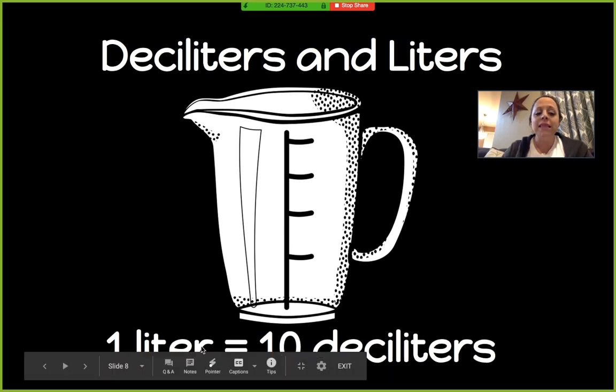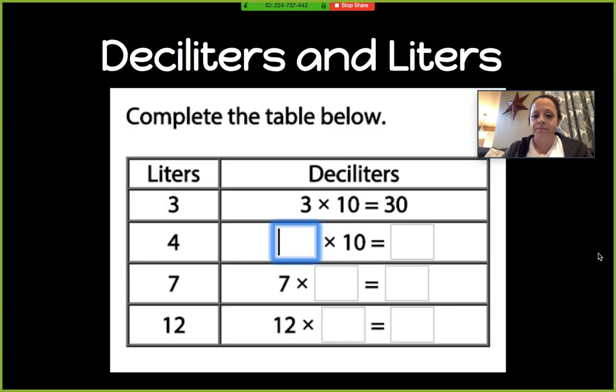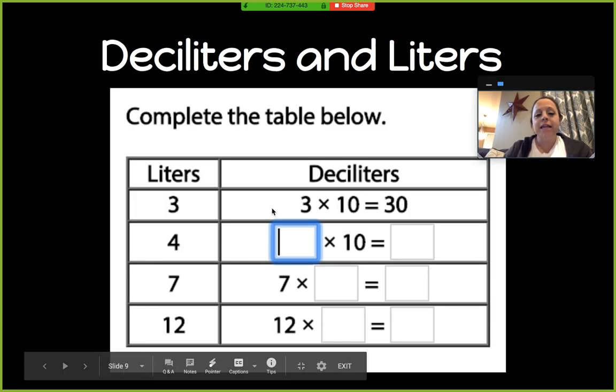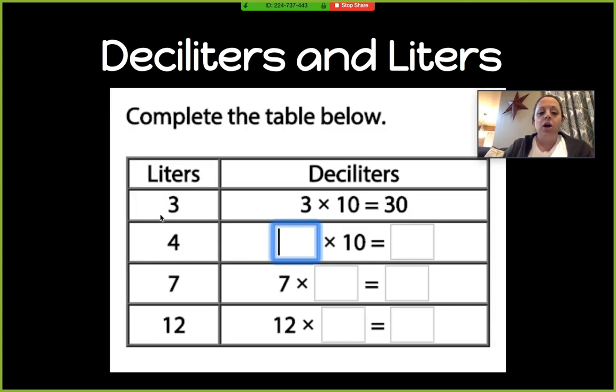So 1 liter is 10 deciliters. So if we're looking at a table like this, we know that 3 liters would be 3 times 10, so it would have 30 deciliters.